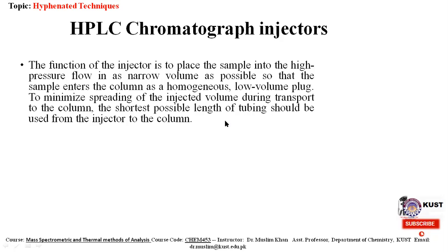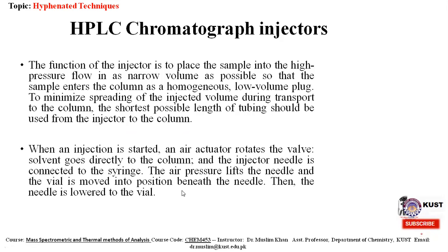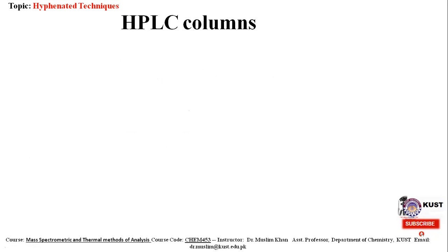The shortest possible length of tubing should be used from the injector to the column. When injection is started, an air actuator rotates the valve, solvent goes directly to the column, and the injector needle is connected to the syringe. The air pressure lifts the needle and the vial is moved into position beneath the needle. Then the needle is lowered into the vial.